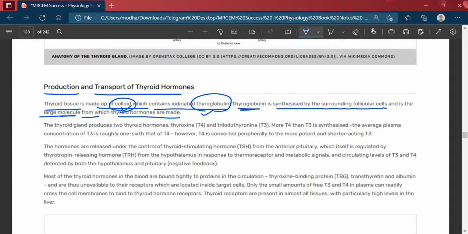Thyroid tissue is made up of colloid, which contains the iodinated thyroglobulin.